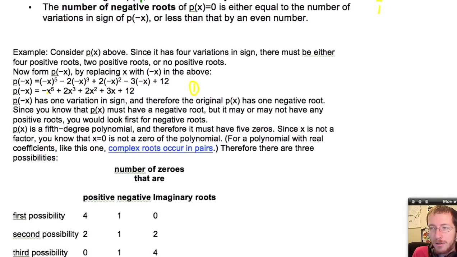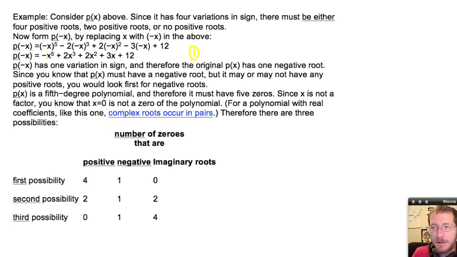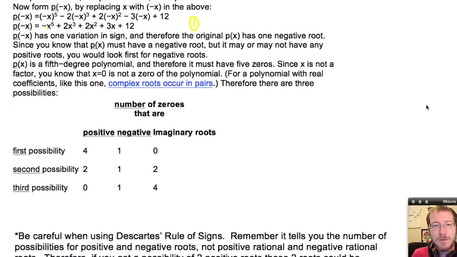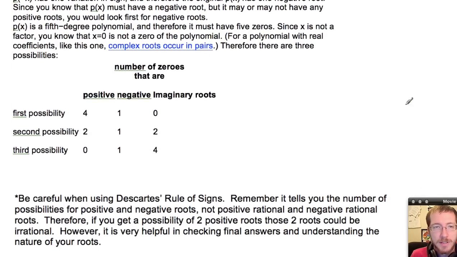Directly, Descartes' Rule of Signs doesn't tell us anything about imaginaries, but since we know the total number of roots has to be 5 in this case, we can set up a nice little table with our positives in one column and the negatives in the next. We list our possible positives to start: 4, 2, or 0. Our negatives could only be one negative, because 1 minus 2 would be a negative number, and we can't have a negative number of negatives.